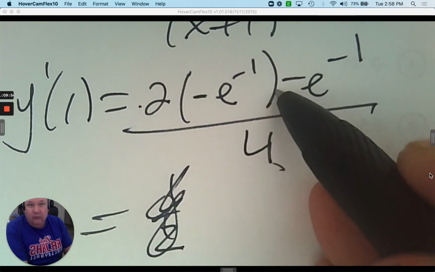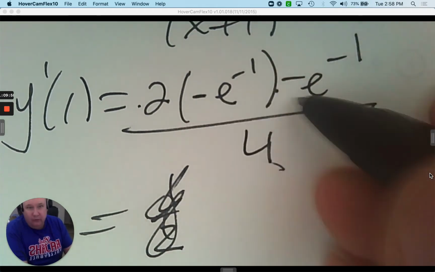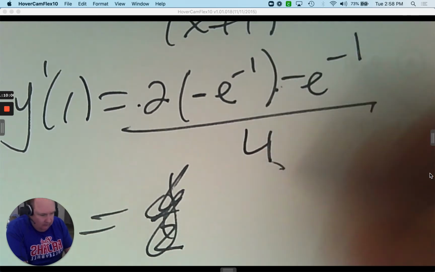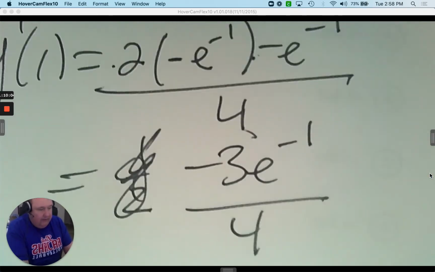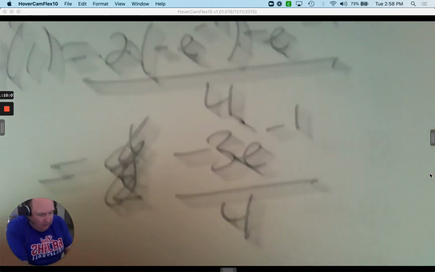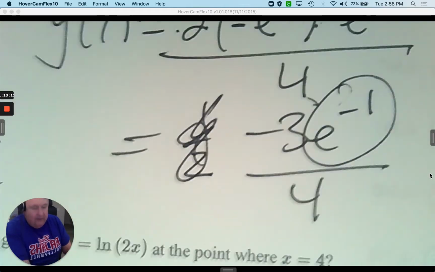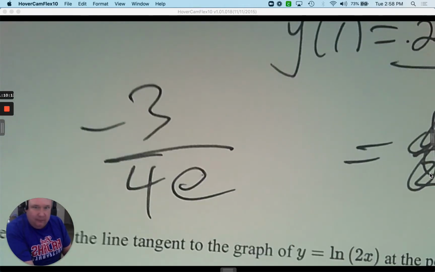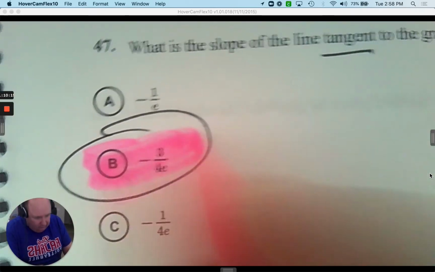So -2 subtract 1 is this. If I combine like terms, if I write that properly, it would be -3/4 but e to the negative 1 would be at the bottom. So it'd be negative 3/4 with e at the bottom. So that matches with B to do the algebra.